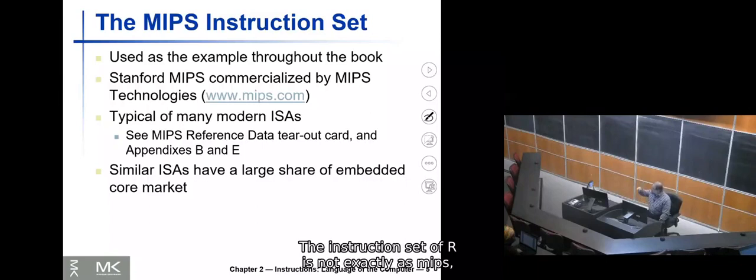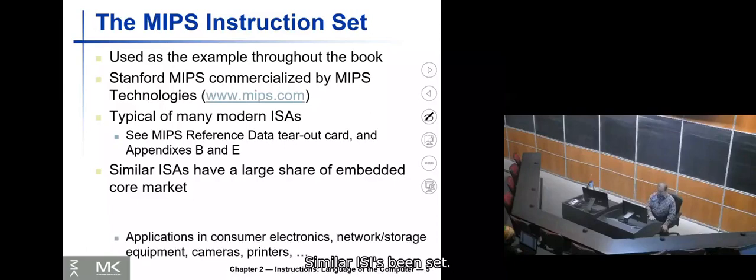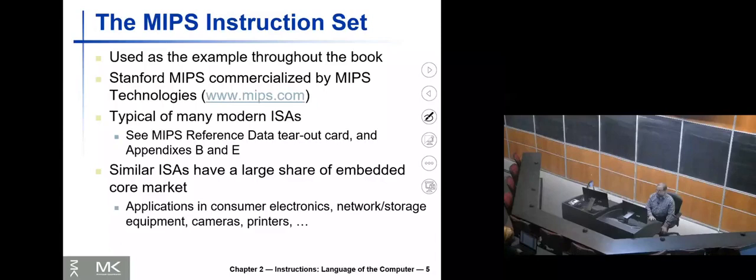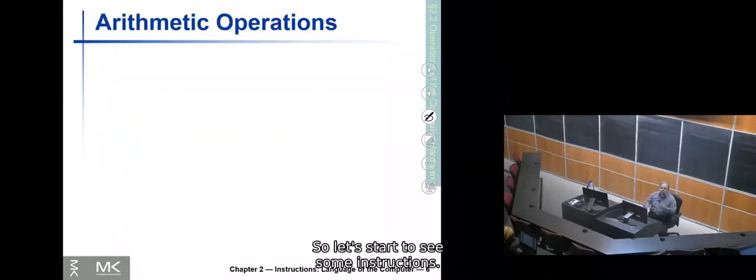The instruction set of ARM is not exactly the same as MIPS, but they are very similar. Other computers, like x86, have different instruction sets, but they're similar in idea and in concepts, which we will touch on. So let's start to see some instructions.